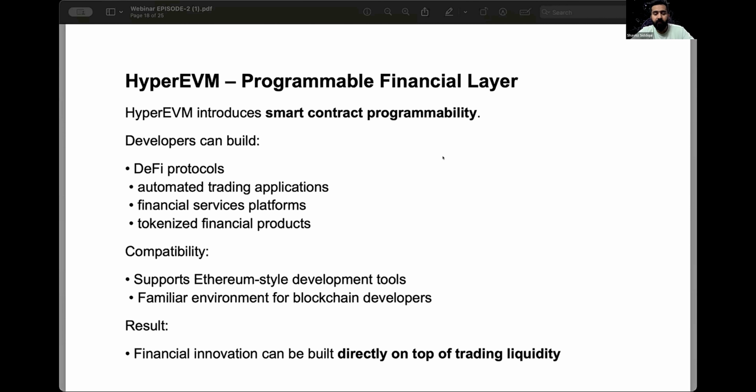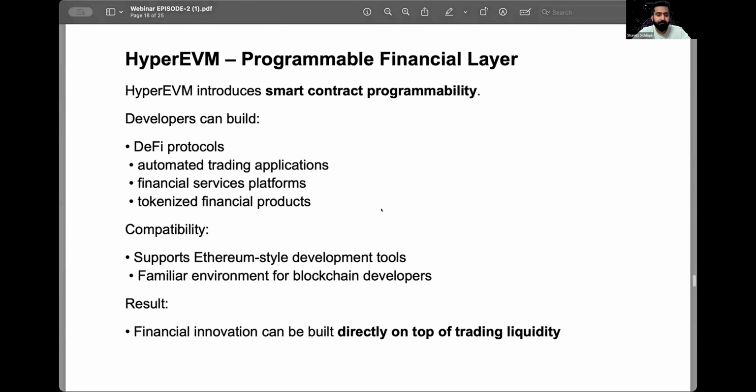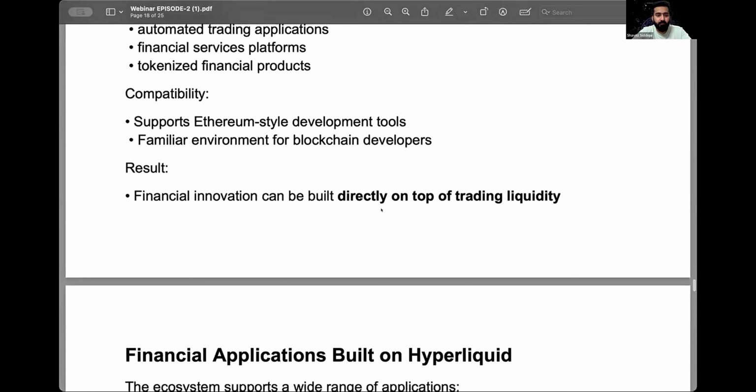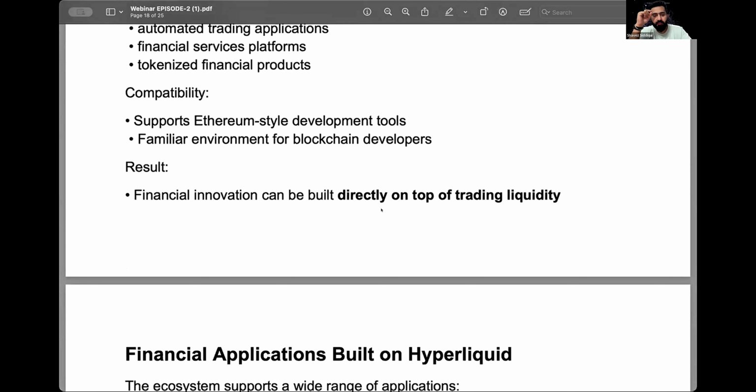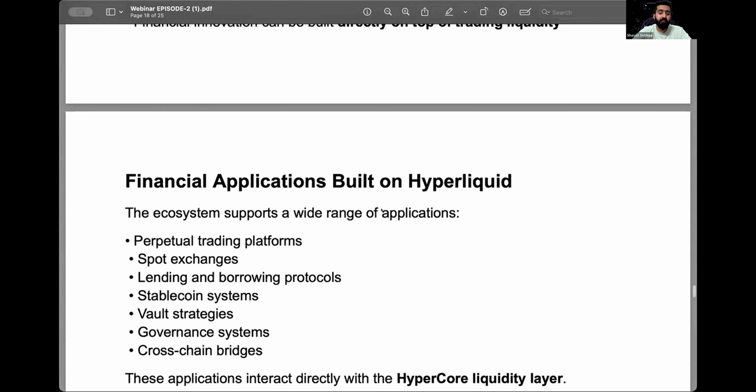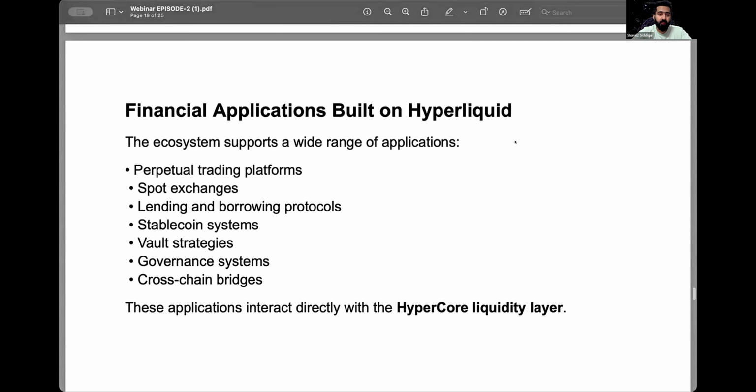HyperEVM is an Ethereum-compatible layer, meaning developers can use existing tools to build, and financial innovation can be built directly on top of trading liquidity. This is a very unique infrastructure benefit of Hyperliquid. That means there is a huge financial application potential.